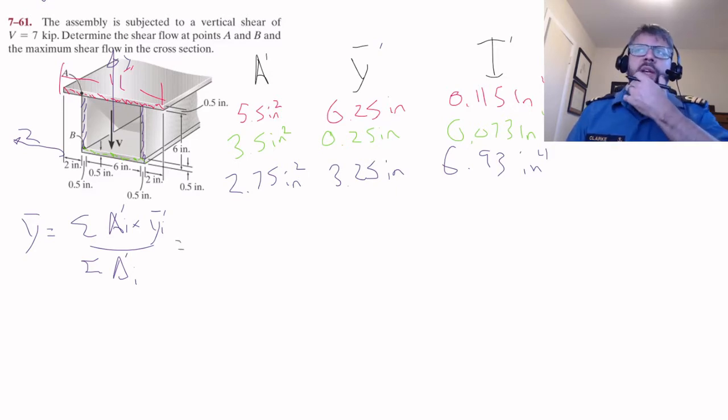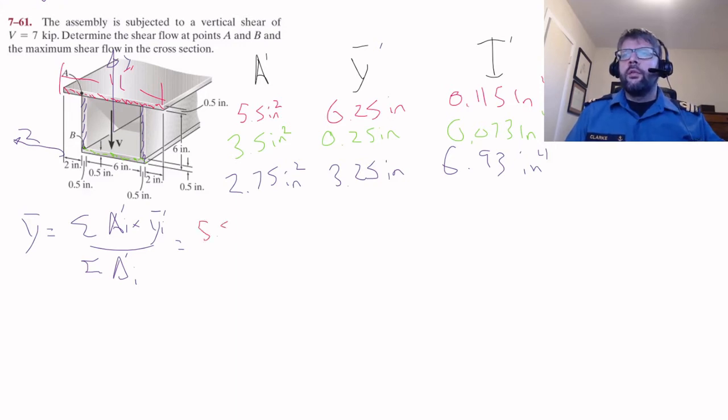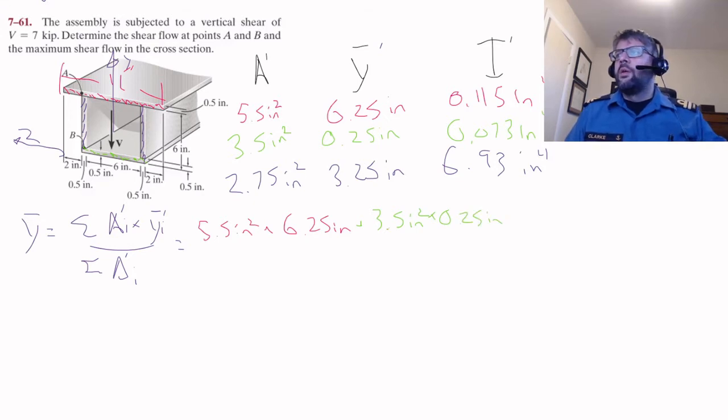So let's see here. We've got 5.5 inches squared times 6.25 inches plus 3.5 inches squared times 0.25 inches plus 2 of these times 2.75 inches squared times 3.25 inches.